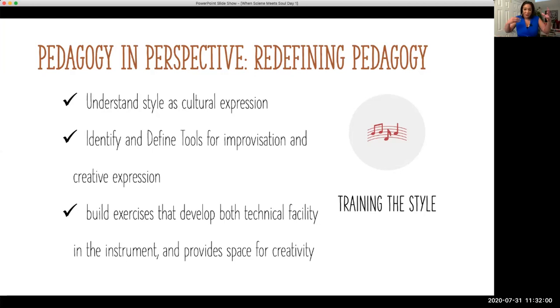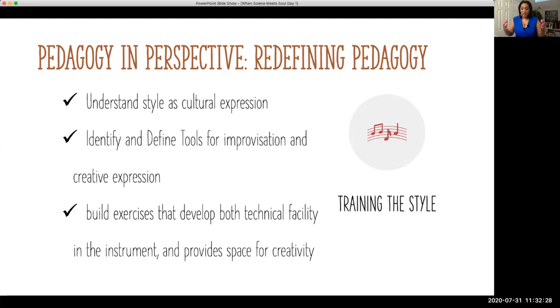You just absorb nuances. Your accent may drift towards wherever it is, and then you're like, whoa. You hear it and you assimilate, most times subconsciously, and as a result, it comes out authentically. So style as a cultural expression.